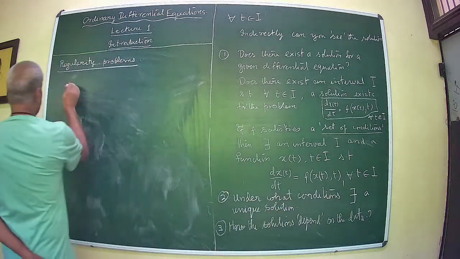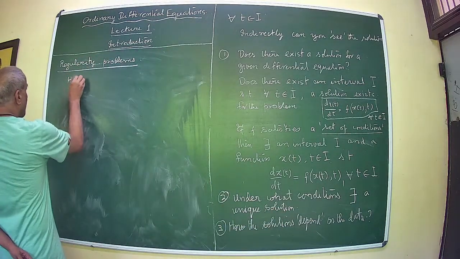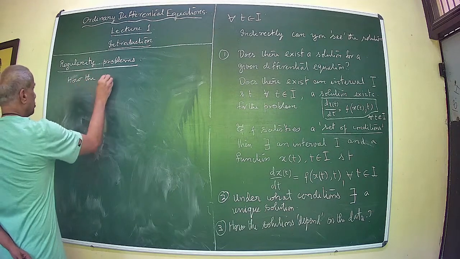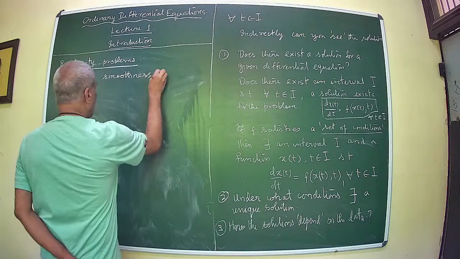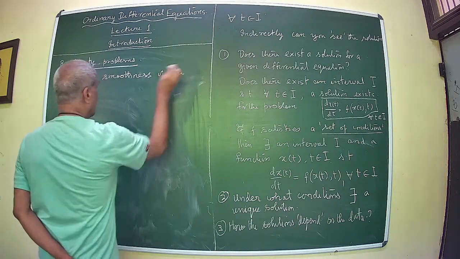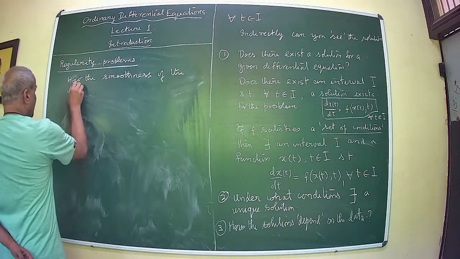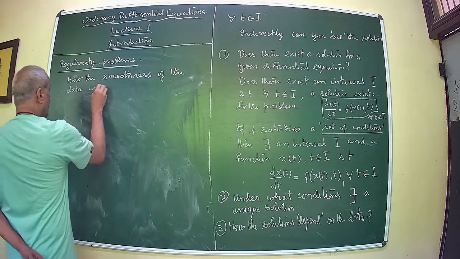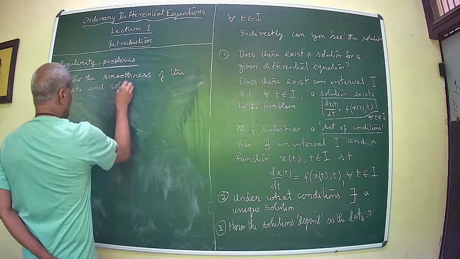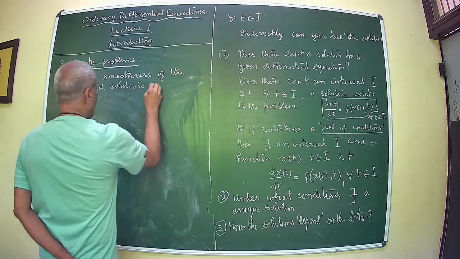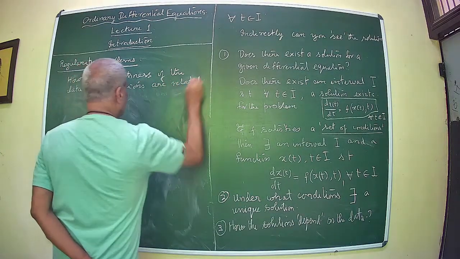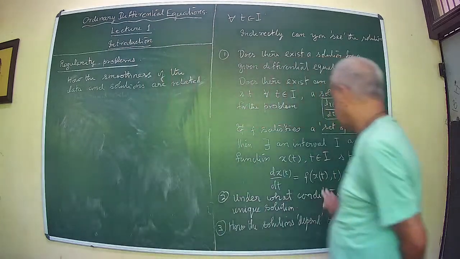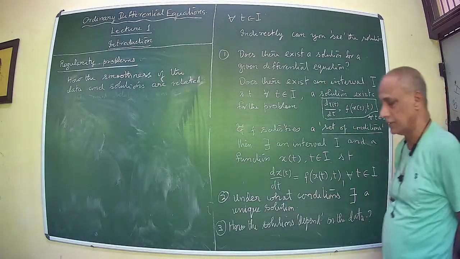What I am saying is how the smoothness carries over. For instance, suppose this function is a C infinity function.